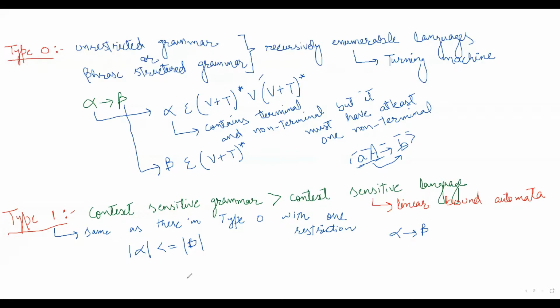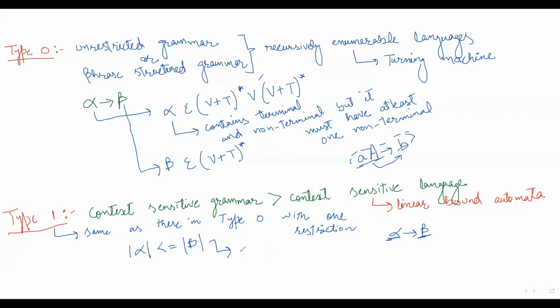So what is the restriction here? That the length of this alpha should be less than or equal to length of beta. So that means when I write beta instead of alpha, the length of the string will increase. Okay, it won't decrease.